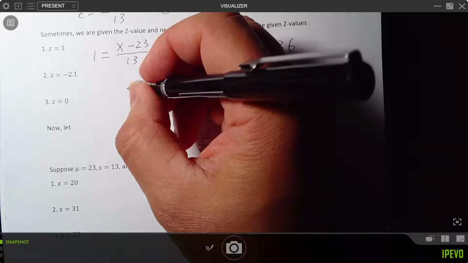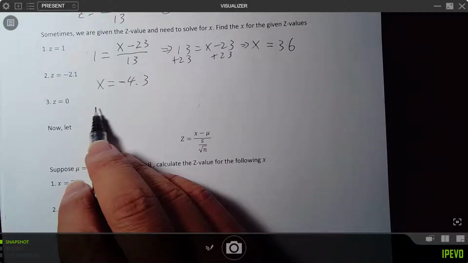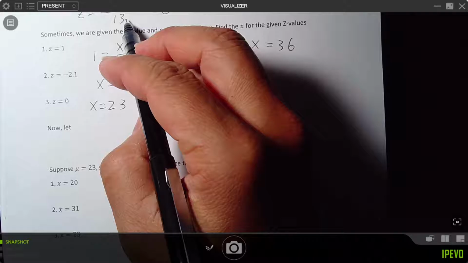I'll skip the steps. And z equals 0. Now, I don't need to solve here. The only time z equals 0 is when x equals mu. So then x equals 23. We can see that above there.